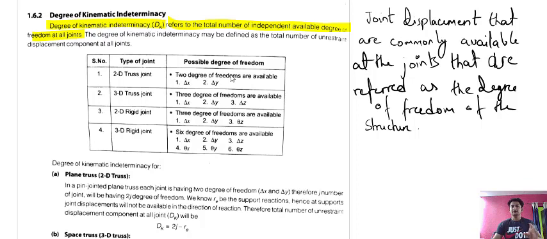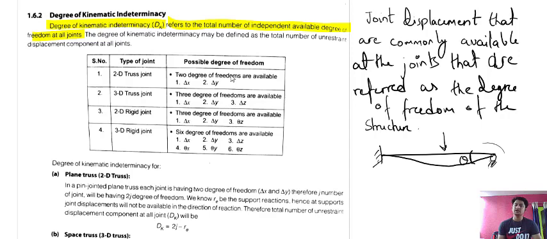So degree of freedom means, suppose this is a beam here, a roller support here and a fixed support. Now when there is a loading here, it will try to bend like this. There is a rotation here, rotation is possible.